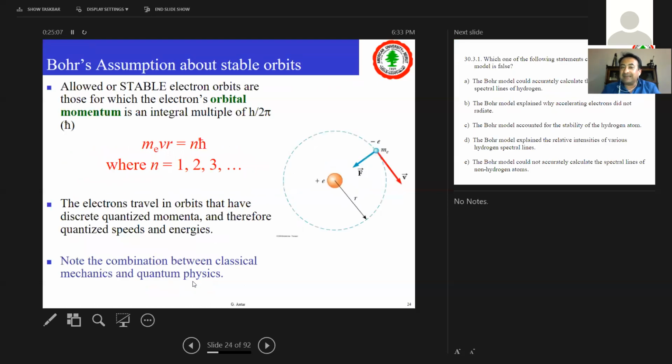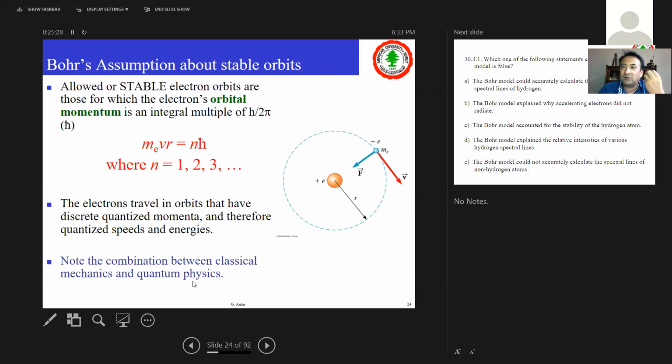But mathematically, his major assumption, okay, and so now if we have the electron going around the proton, we have electrostatic force and centrifugal force, they are equal. Right? This is all classical mechanics, but using classical mechanics, we cannot go far. We have to bring in quantum mechanics.